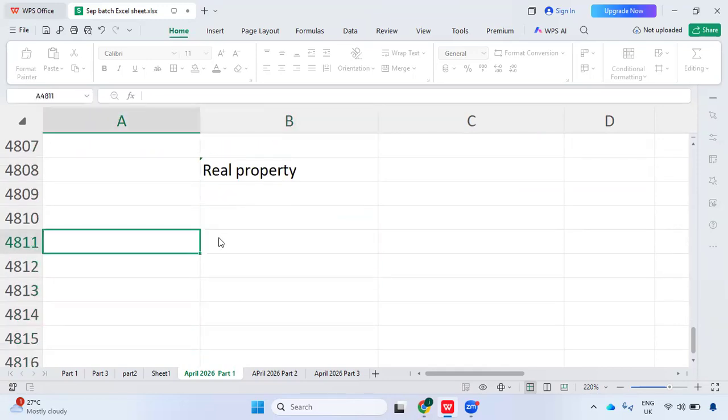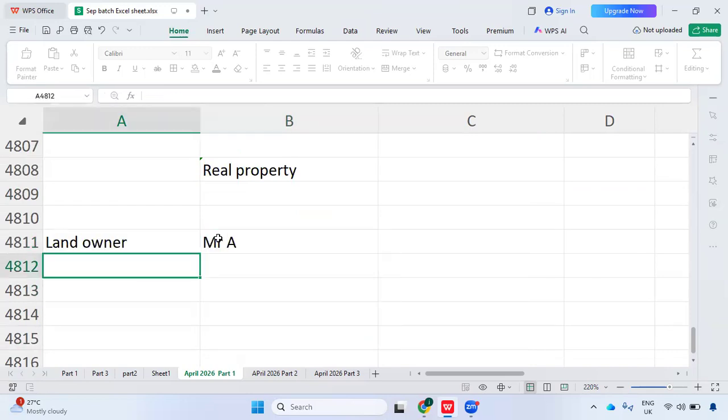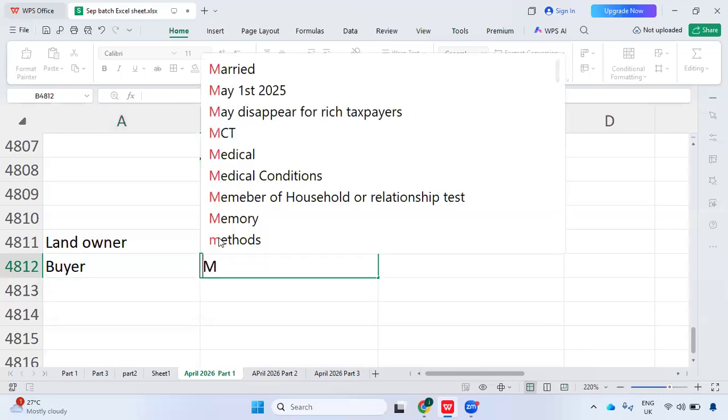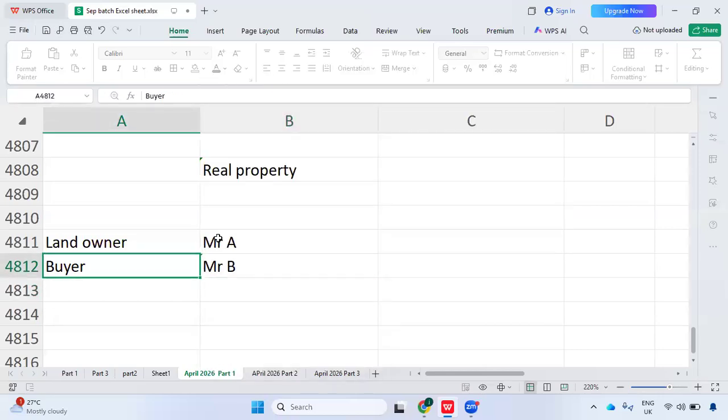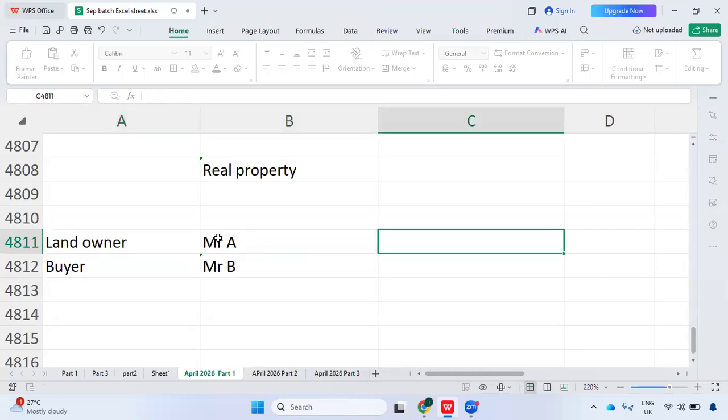Let's say we have a landowner, Mr. A, and a buyer, Mr. B. Mr. B wants to buy the land of Mr. A, and A is not in a situation to pay the taxes on the real property.